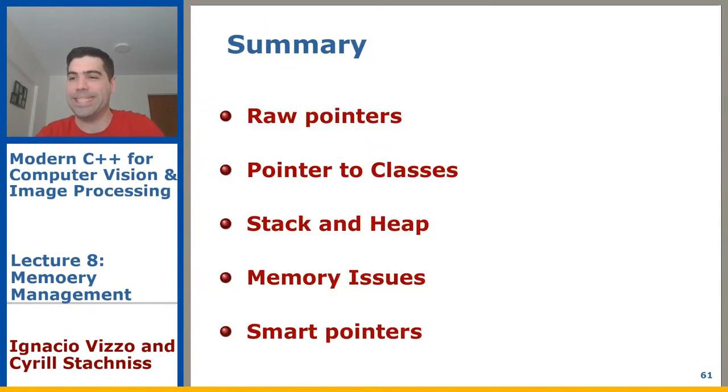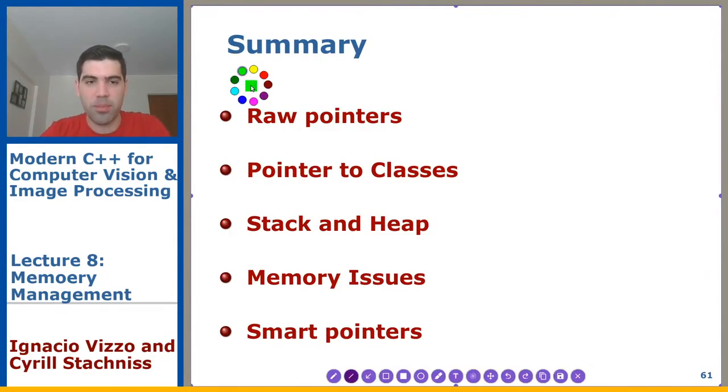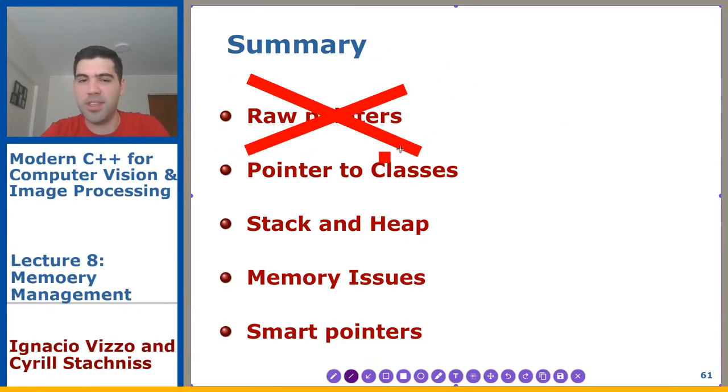So that's basically it. As a summary: raw pointers, verboten. I don't want to see this in your code. We saw a really quick introduction on how to point to classes and how people were doing this before smart pointers.